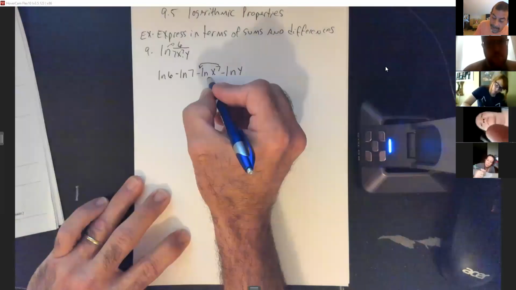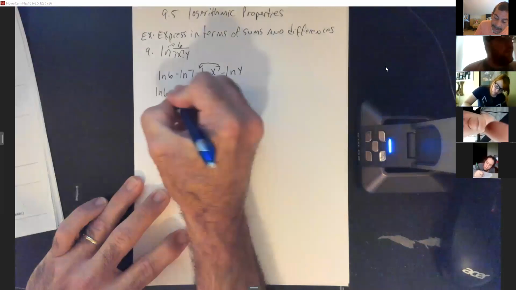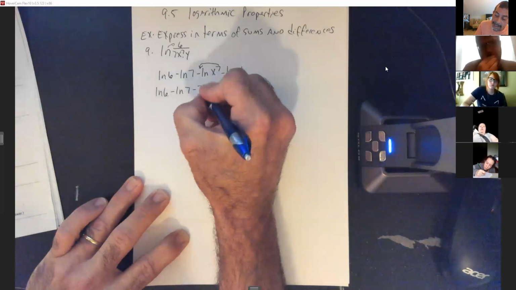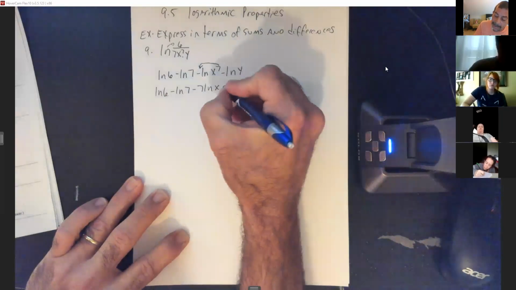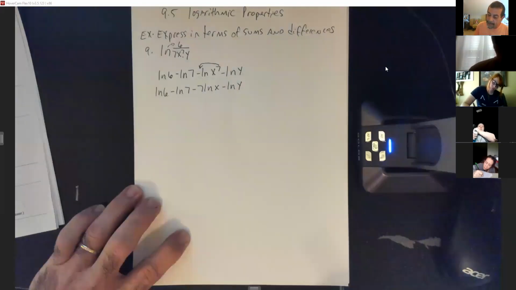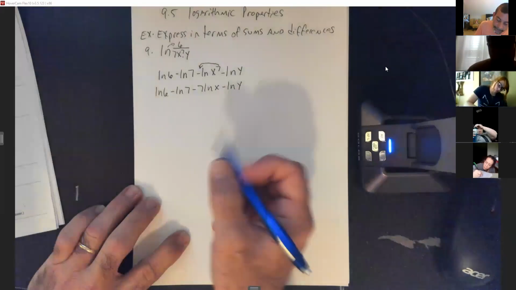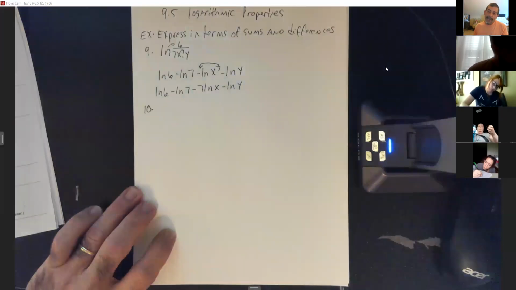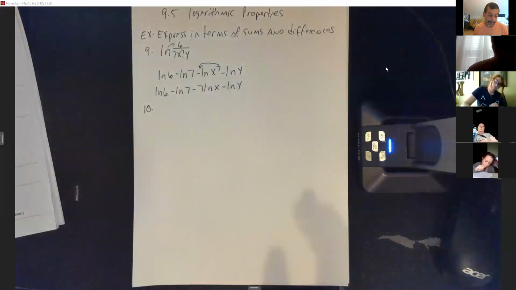So I get my ln of 6 minus my ln 7 minus 7 ln x and then minus my ln y. That's it. Nothing else I can do to that. So this is probably one place in math where you get really long answers sometimes, okay?